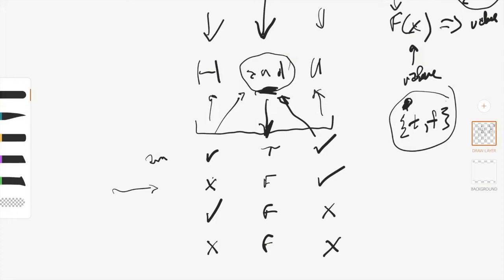But in propositional calculus, we can talk about the function of operators like "and" as taking inputs of either true or false and giving us outputs of either true or false.